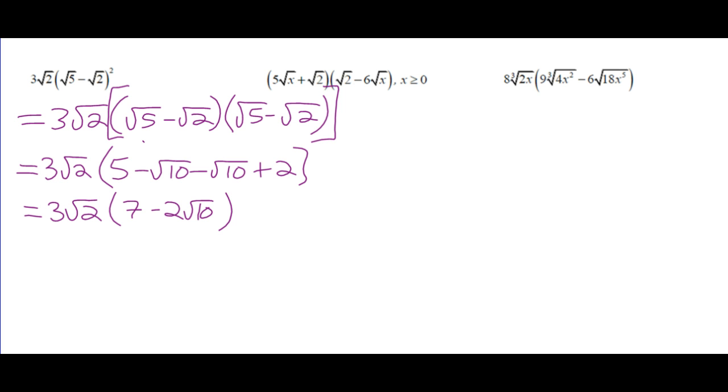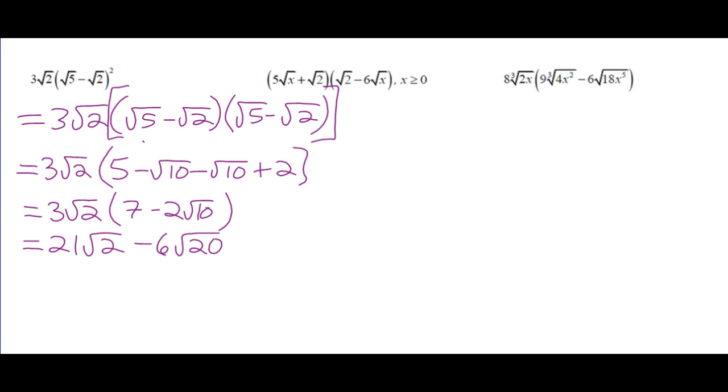So 3 root 2 times 7 is 21 root 2. Then what? Minus 6 root 20, right? But root 20 is 2 root 5. So root 20, 20 is 4 times 5.